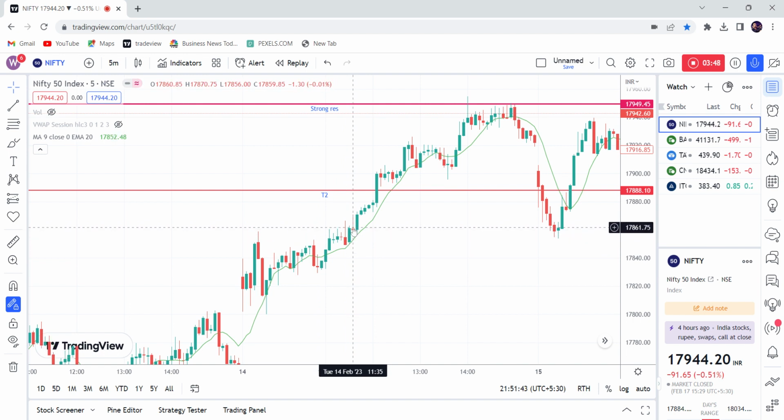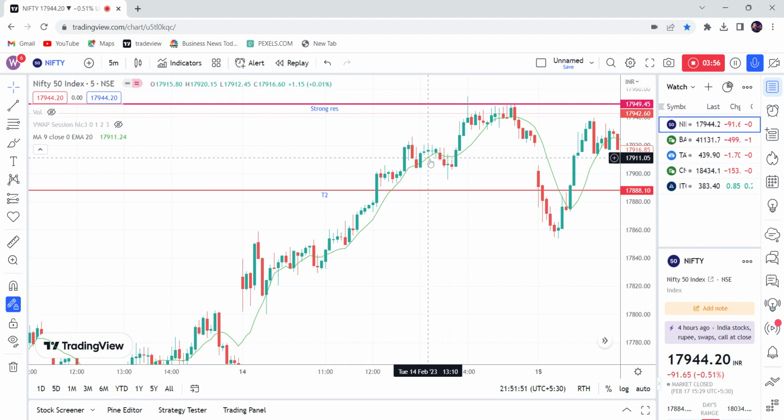Once it takes support here, go for the long position here or here. Then it goes up to here. Once it closes like this or the moving average changes to flat, close your position at this target or at your next resistance level.